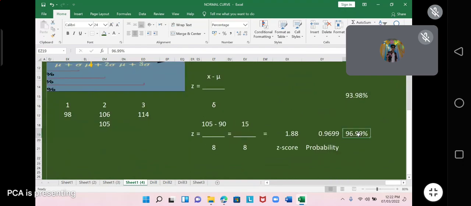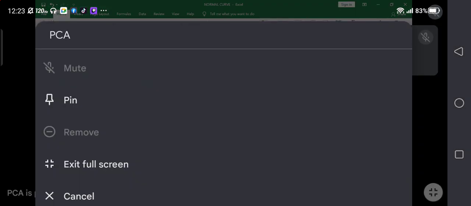From that area, 96.99, you get 93.98. Okay, I think you can have that as a drill for yourself, no? Drill will be in your Genio, no? So that is a recorded drill. Okay, up to you now.